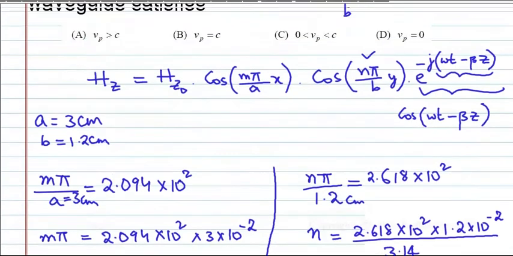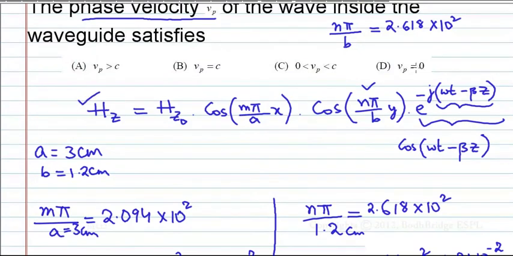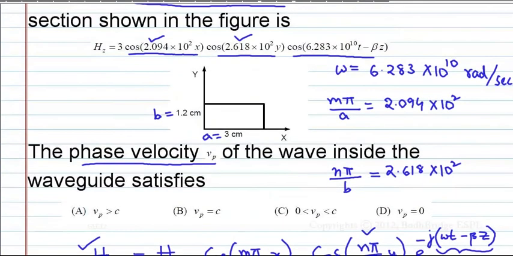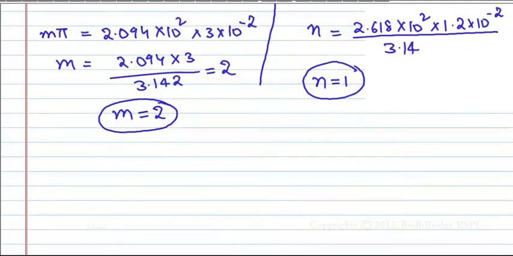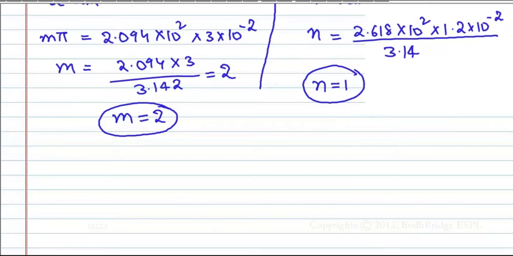We just wrote the standard expression and found which mode is traveling. The mode traveling is the 2-1 mode. This can be TE mode or TM mode, but it is the 2-1 mode.